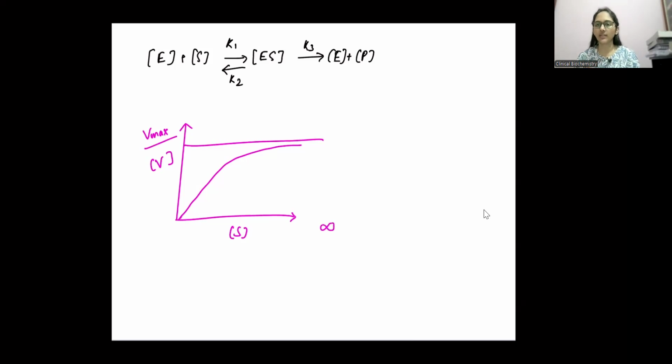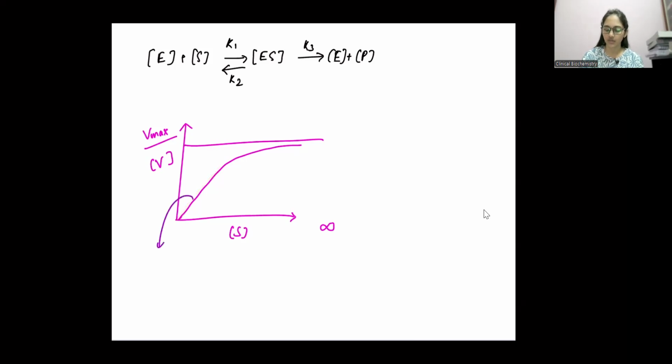So that's why we have alternatives for this Michaelis-Menten curve, which are the Lineweaver-Burk plot and the other plots, Hanes-Woolf and Eadie-Hofstee, which we are going to see. Again, what you should understand here is that the increase in substrate is increasing the velocity, is it not? So this is what is called first order kinetics.